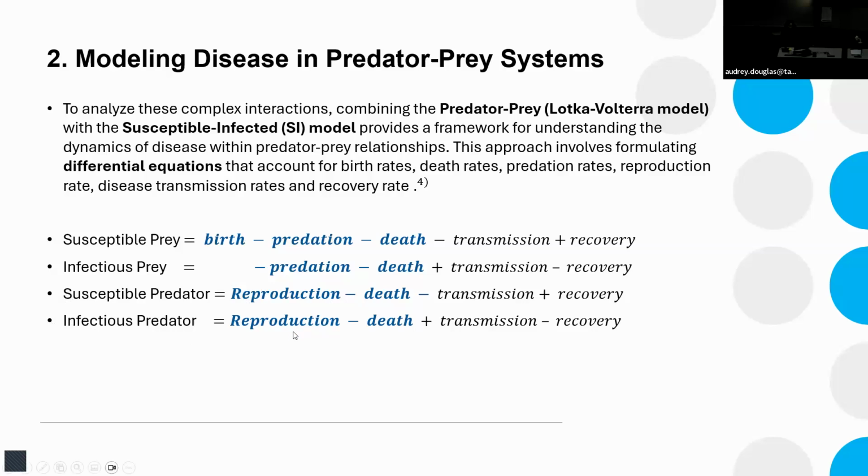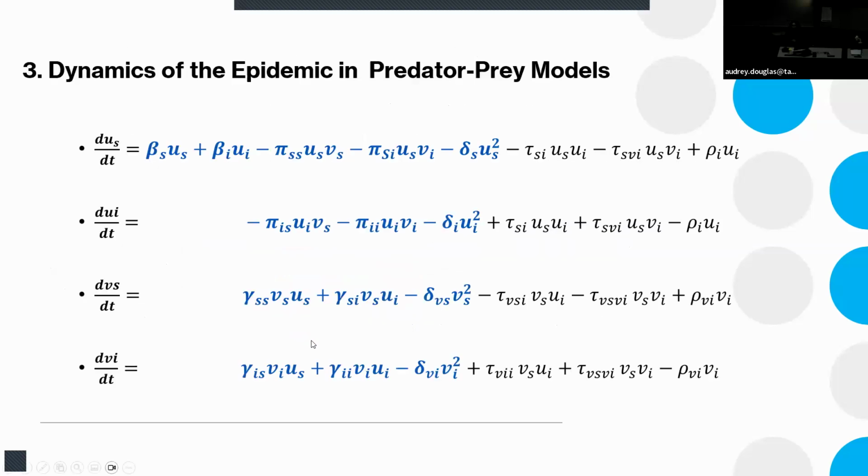So this is the verbal modeling, but for the next one, I build 4 differential equations. So U and V represent prey and predator. And then S and I represent susceptible and infective. So to solve these 4 differential equations, I use the Euler method. This one is a very famous numerical analysis method.